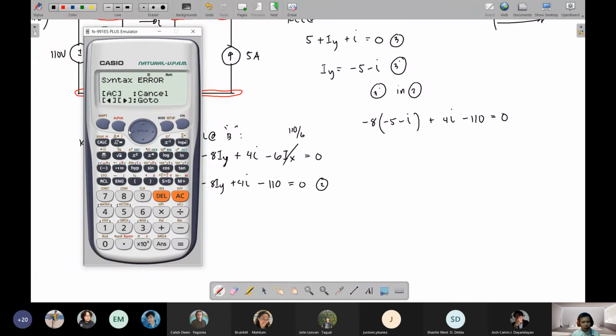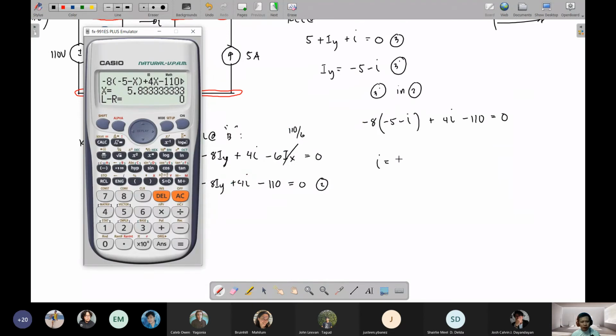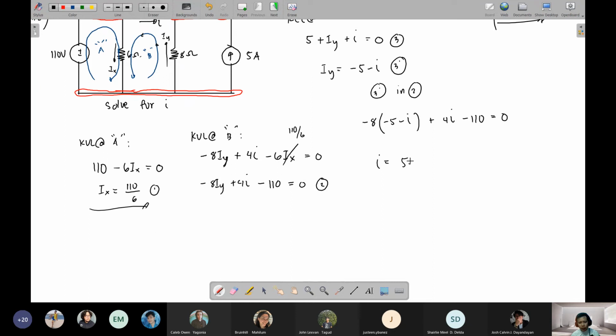Shift, wait, equals 0. Dala mo ng 0. So shift solve equals. What's the answer? I is equal to 5 point, decimal ba na, 5.8333 amperes. Okay? So you now have your current I.